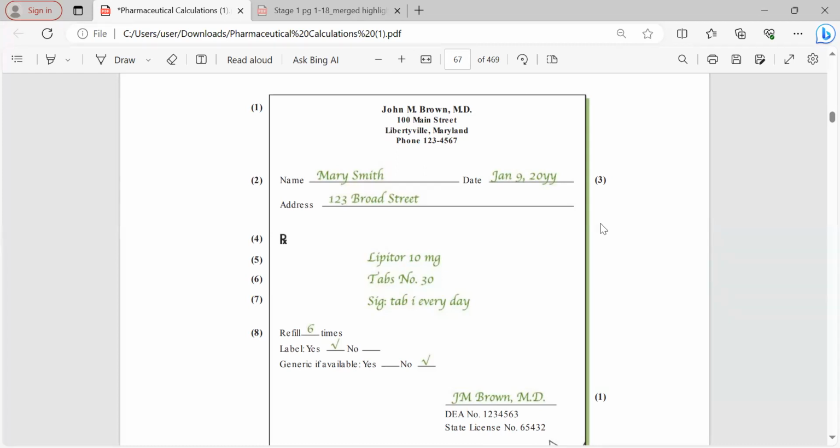It was asking about that as a part of a prescription, which is the part that comes before the actual prescription, like the details of the prescriber, the date and such. So basically those are the parts of a prescription.